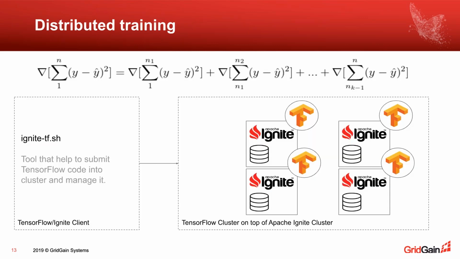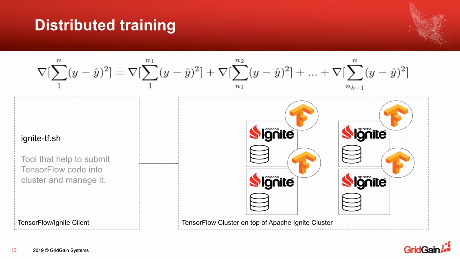The next case is distributed training. Basically, inside this distributed training we solve the same task, we just calculate a distributed gradient. But I want to provide some overview of how it looks on a high level.